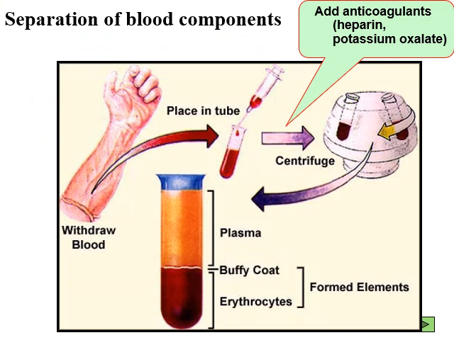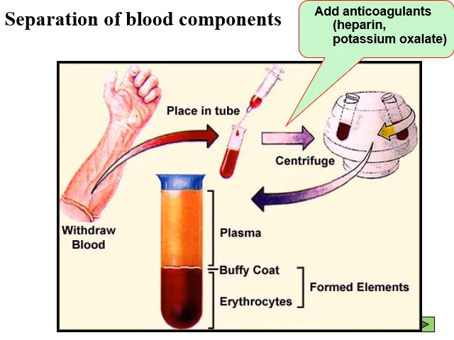So in the last slide we discussed the composition of the blood, that it is composed of cells and the fluid portion, that is the plasma. Now how can you separate the plasma from the cells?